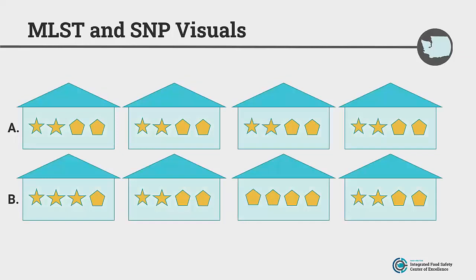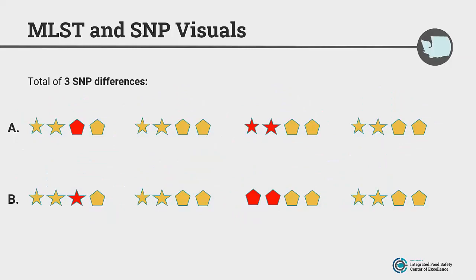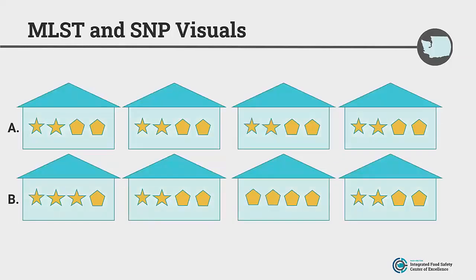If we then divided, so these are the exact same, not changing the patterns at all, but just breaking them into their own little gene houses here. With MLST, we're looking at a gene level instead of individual level, and all we care about is whether they have the same sequence within each little house.